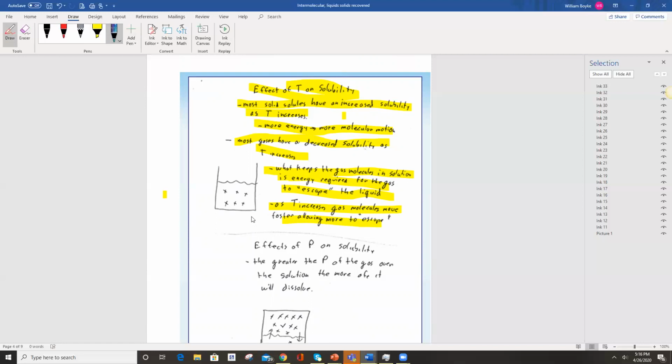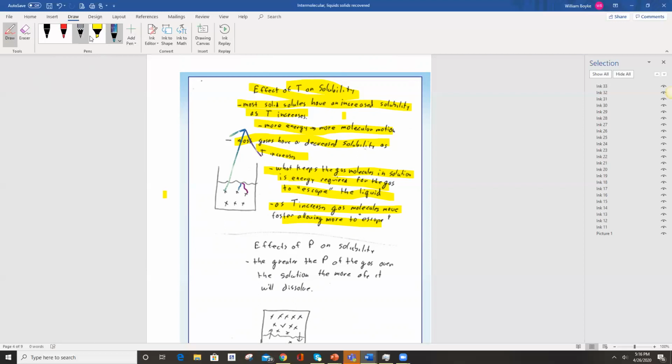If I just draw an open bottle of a carbonated beverage here, if this is rather cold, these particles, when they come up to the surface, if they're not moving very fast, they're not going to break through that interface and they're just going to stay in the solution. But if they're moving fast, they're able to punch through and escape. Once they've escaped, there's no going back for that.